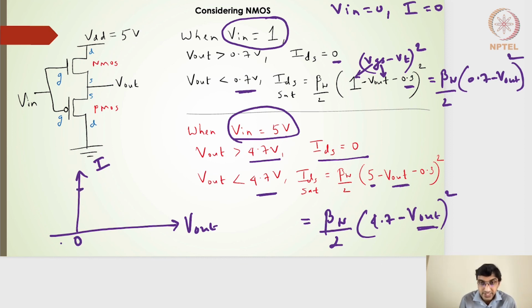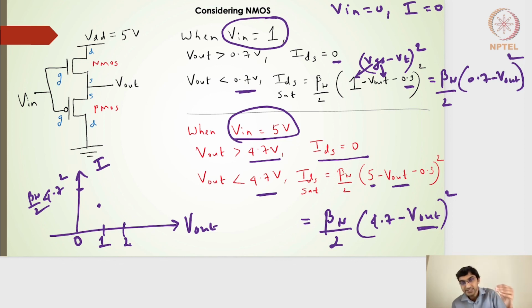When the output voltage is 0, my current is beta n by 2 times 4.7 the whole square. When my output voltage is 1 volt, it will be 3.7 the whole square. When my output voltage is 2 volts, it will be 2.7 the whole square.